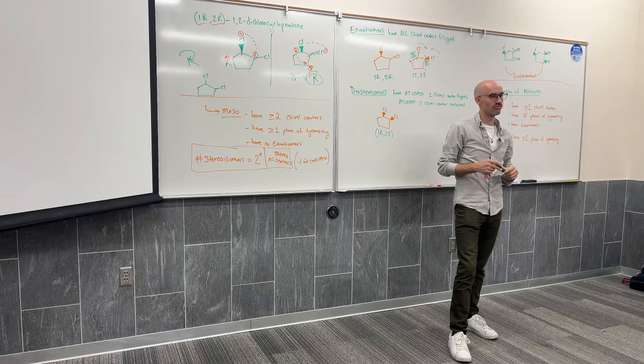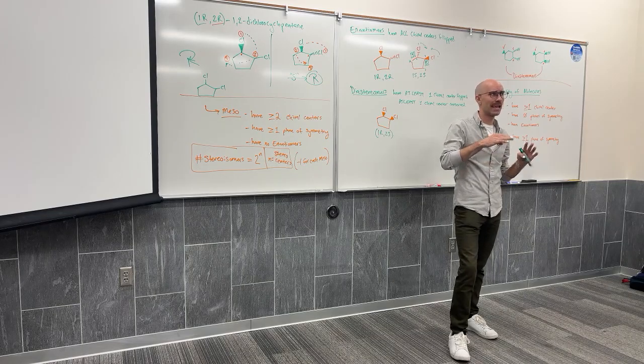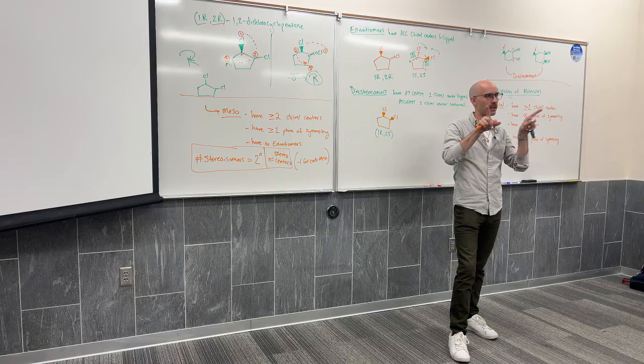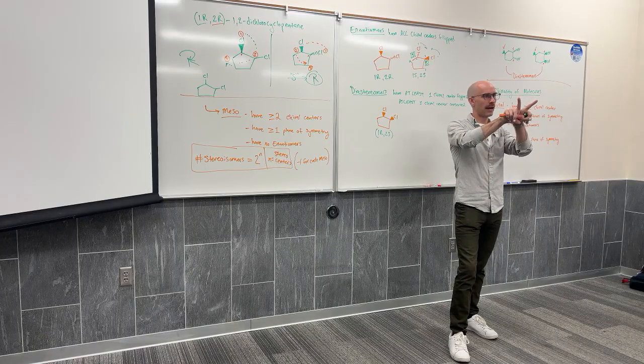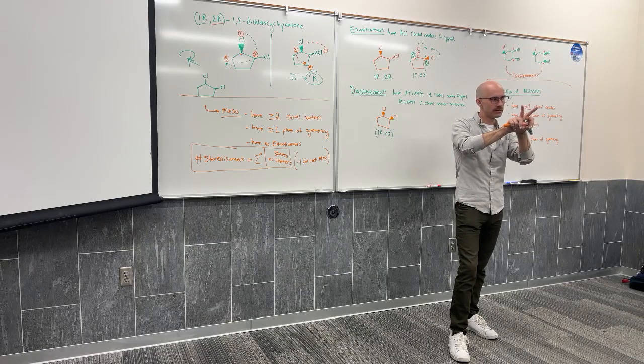There are also terms like prochiral, and a prochiral center is one that can become chiral. There are things like diastereotopic relationships, where for 2 hydrogens on an achiral carbon, swapping either one of them with a halogen would make it a chiral carbon, which means those 2 hydrogens are not identical.